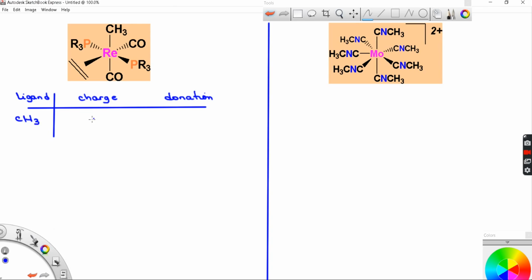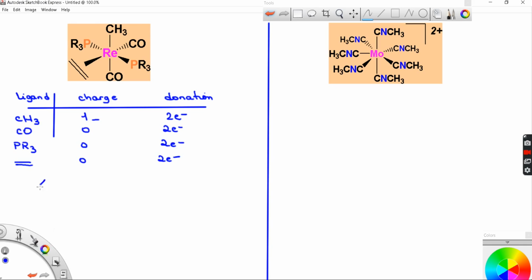CH3 is 1-, a 2 electron donor. CO is a neutral 2 electron donor. PR3 is a neutral 2 electron donor. Alkene is a neutral 2 electron donor. If you know directly the charge and the donation of the ligand, you write it. If not, you have to write the Lewis structure for the ligand so you can know the charge and the donation.